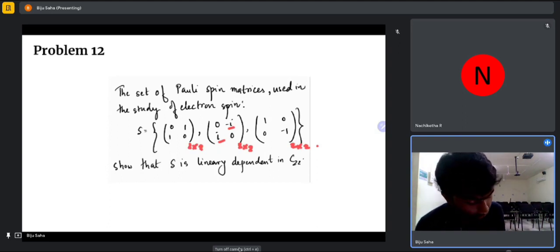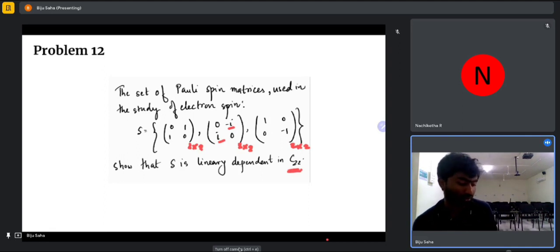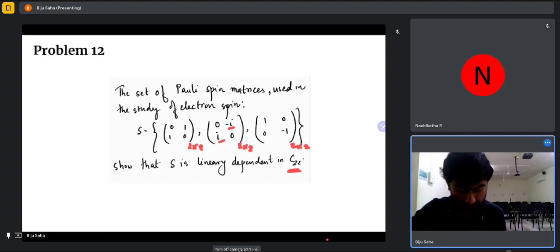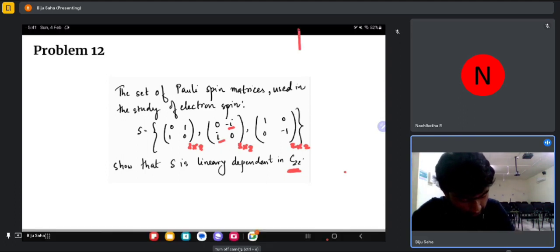So the vector space is the 2 cross 2 complex matrix space. You have to show that this set is linearly independent in C 2 cross 2. Now let us go about proving this.